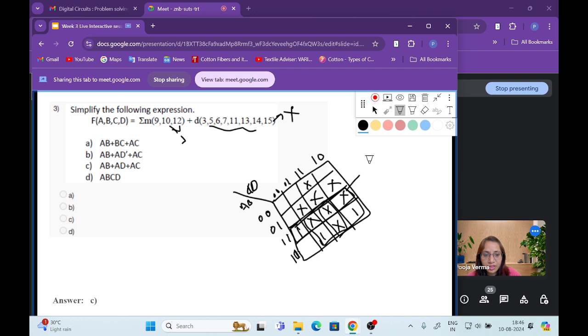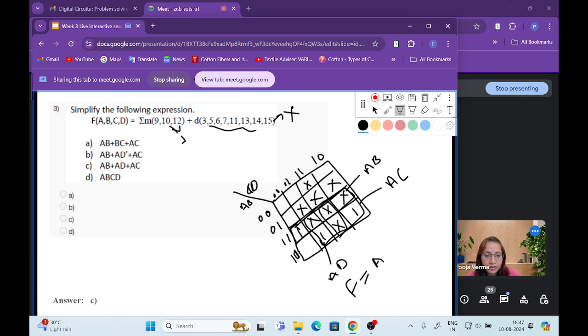So there is one pair. For this, what will be the expression? The one is AB, and all these terms will be cancelled out if you write and multiply. So it is AB, and next for this, what will be the expression? Just check the corresponding rows. So A is common, and the corresponding column, what will be the common? C. And similarly for this group also, A will be common, and if you check the corresponding column, then D. Okay, so what will be the final Boolean expression for this K-map?